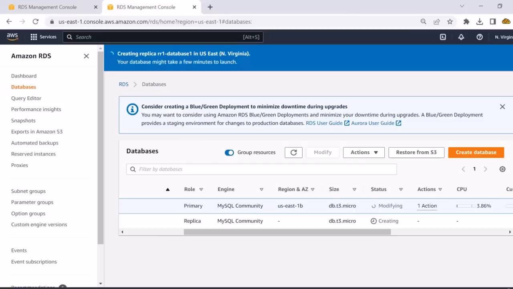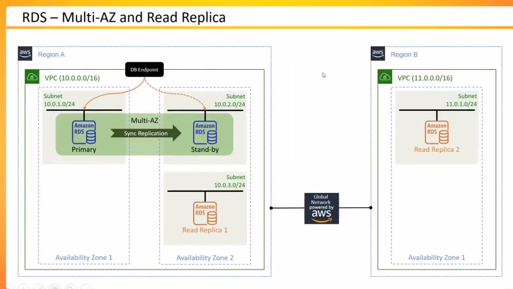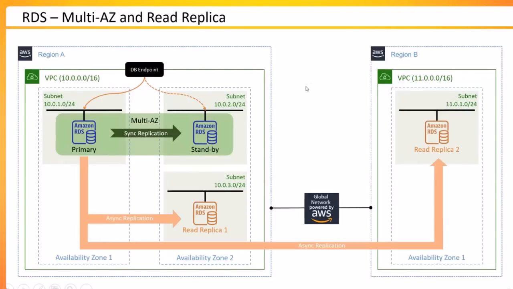While this is happening, let's go ahead and talk about one more thing. When you are creating a read replica, this is how your architecture looks. The replication between primary and read replica is an asynchronous replication. What I mean by that is there would be a little bit of delay when your data is copied here.